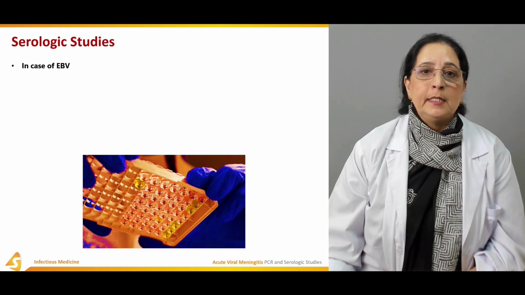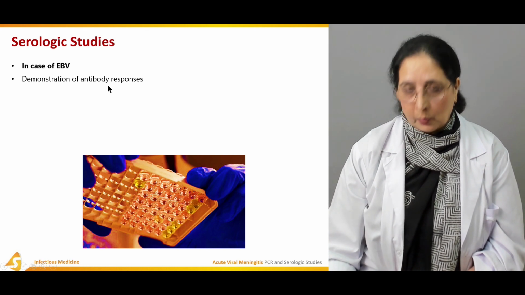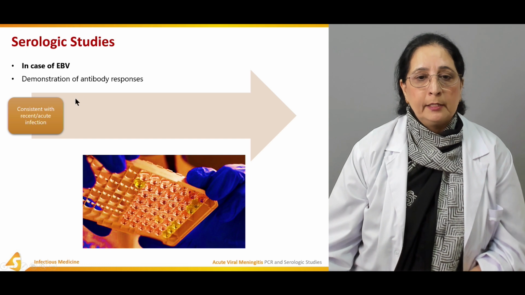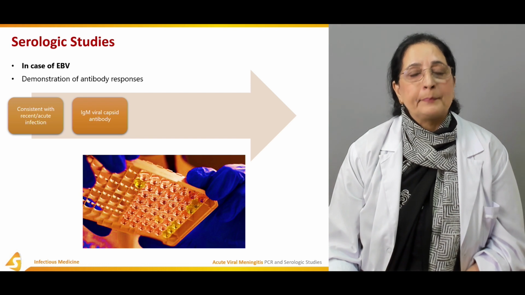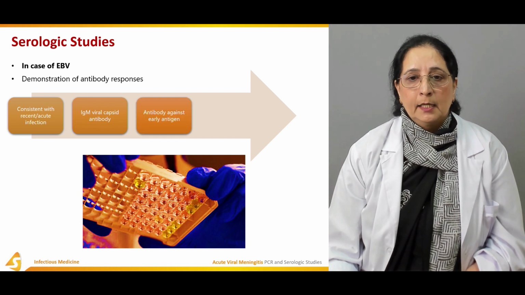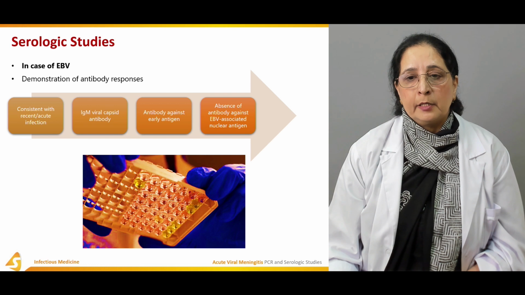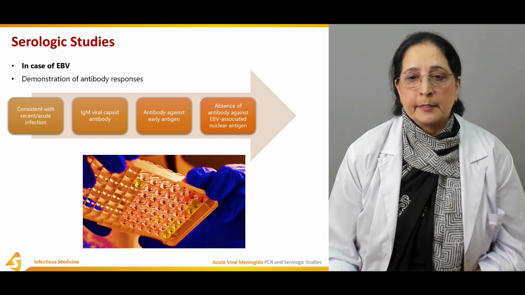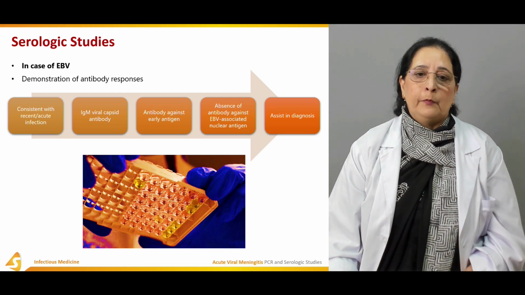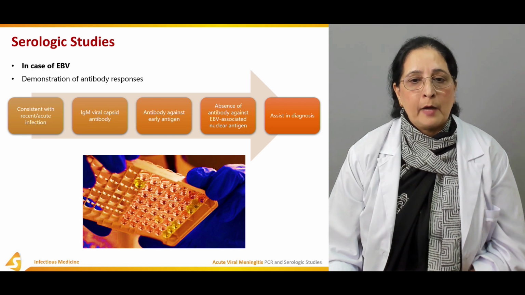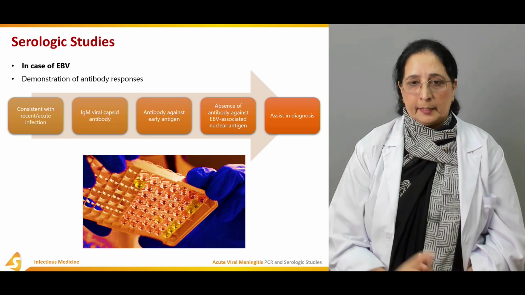In case of Epstein-Barr virus, demonstration of antibody responses consistent with recent acute infection: IgM viral capsid antibody is present, and antibody against early antigen. Absence of antibody against Epstein-Barr virus associated nuclear antigen assists in diagnosis. So that's helpful in Epstein-Barr virus, in which we have IgM against the viral capsid antigen.